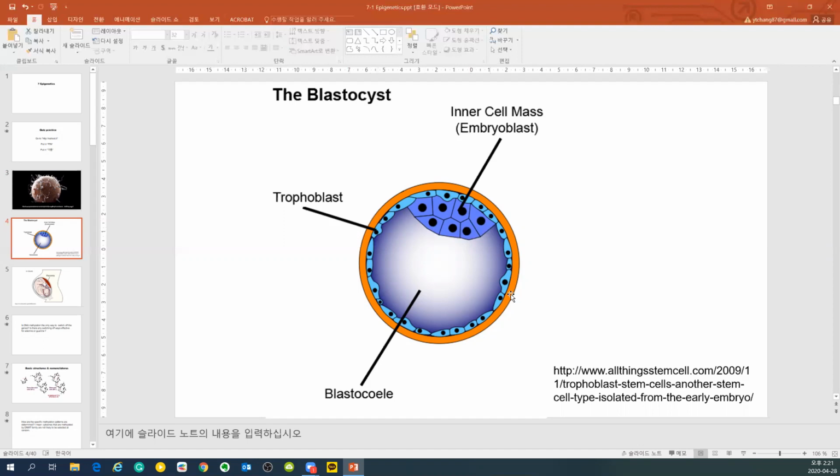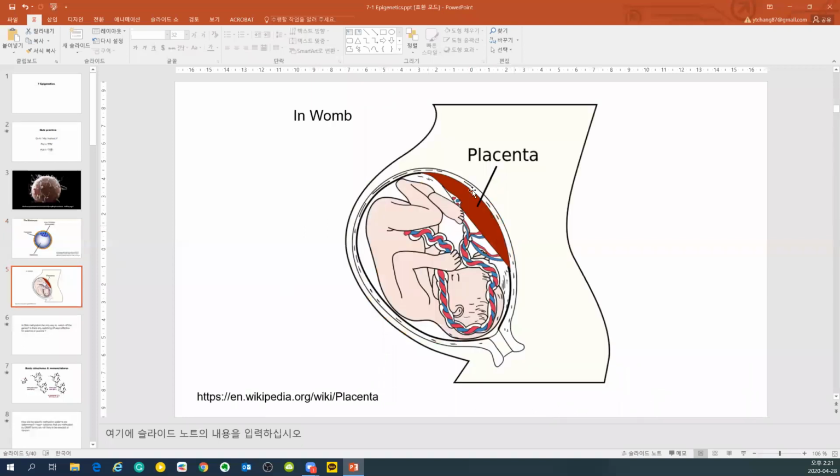Without the trophoblast, it cannot make a full individual, because the trophoblast makes this part, so-called placenta, in Korean, 태반. When the embryo grows, there is the umbilical cord, and at the end there's a placenta, and the embryo attaches this placenta onto the mother's organ, and then sucks up a lot of nutrients.